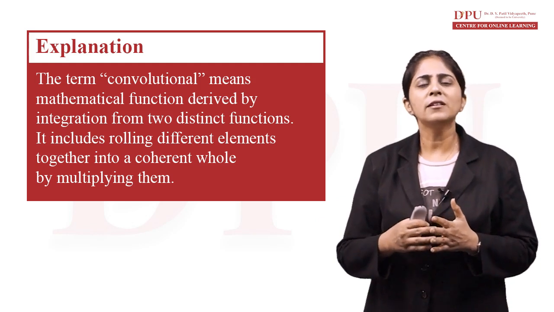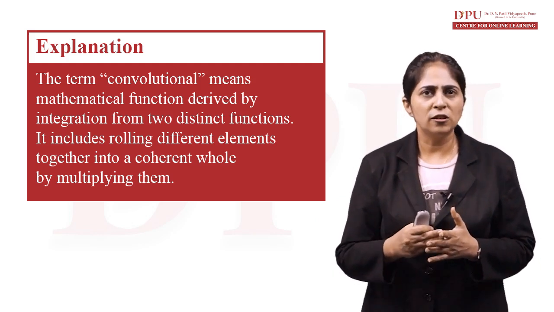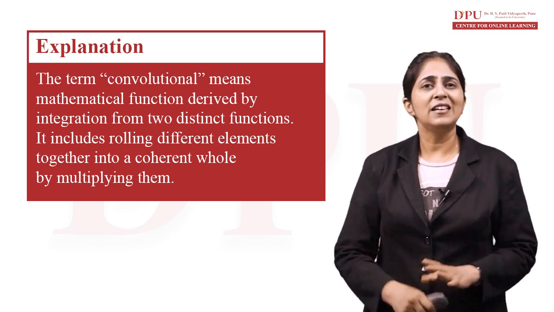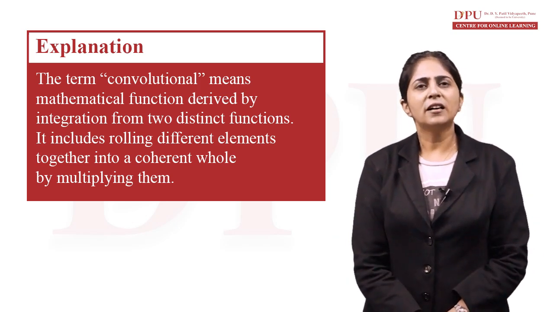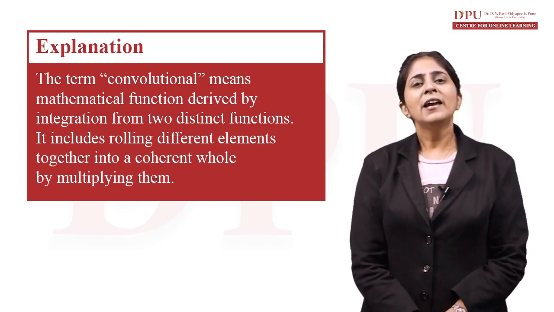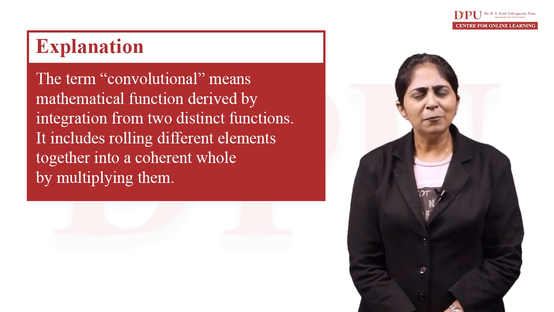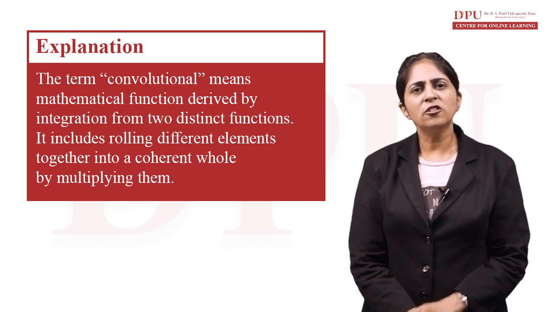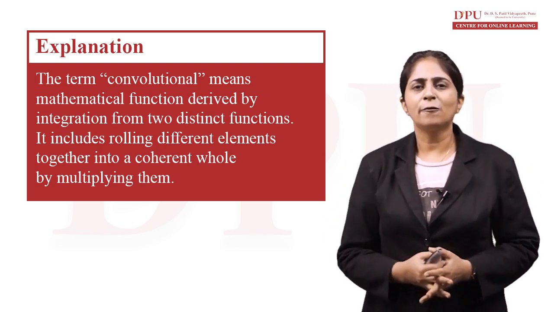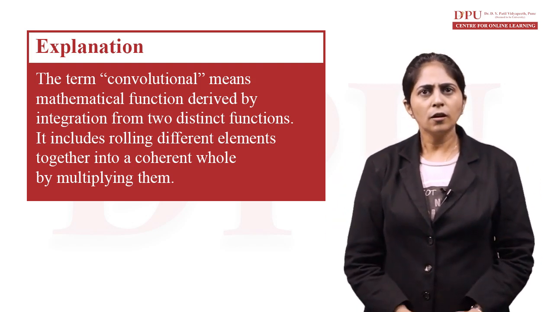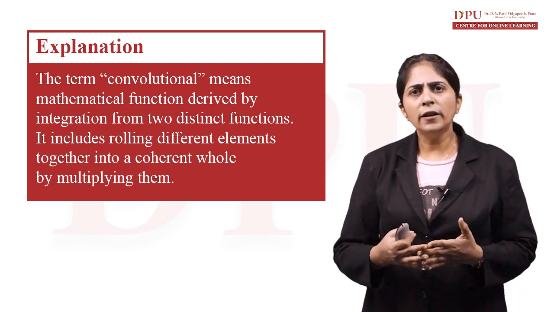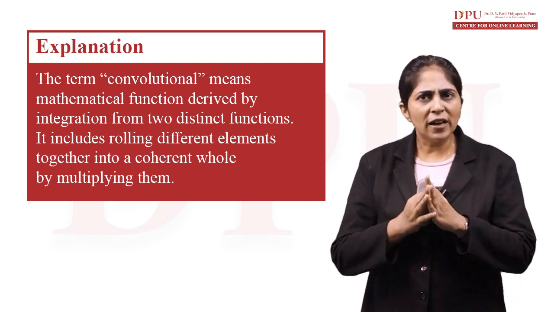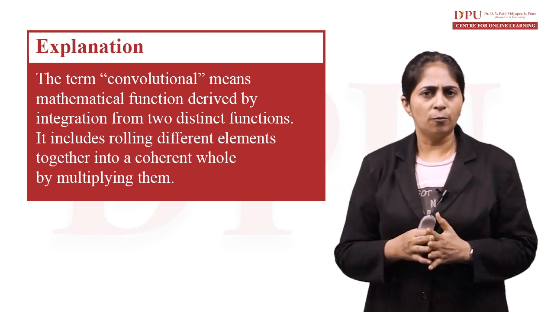Now the question comes, why has the name convolution been given to this CNN? Basically, the term convolutional means a mathematical function which is derived by integration from two distinct functions. It includes rolling different elements together into a coherent whole.